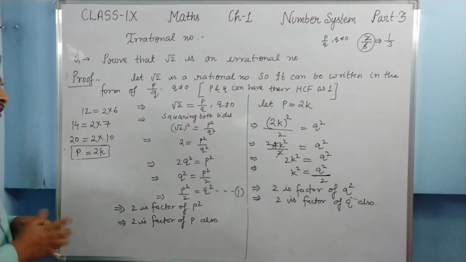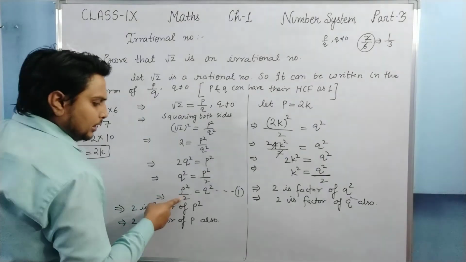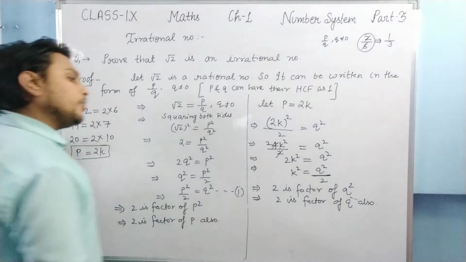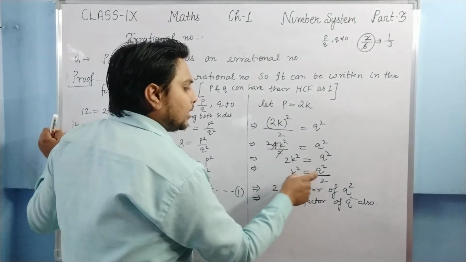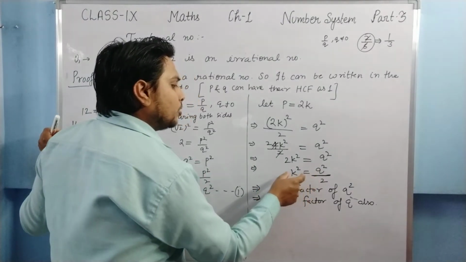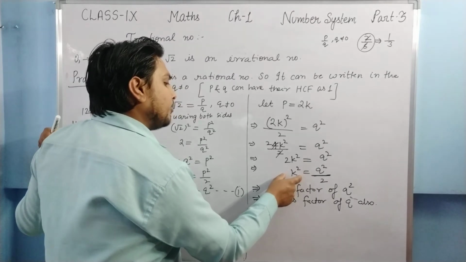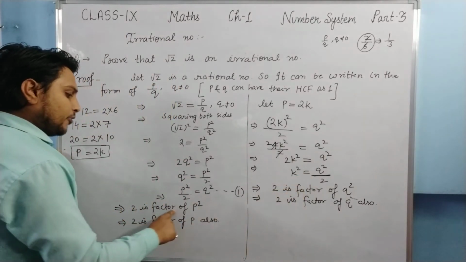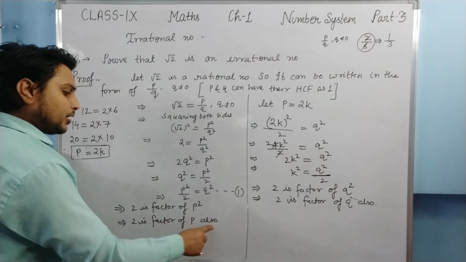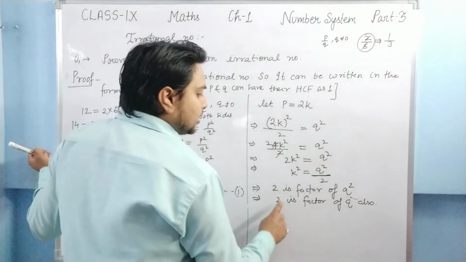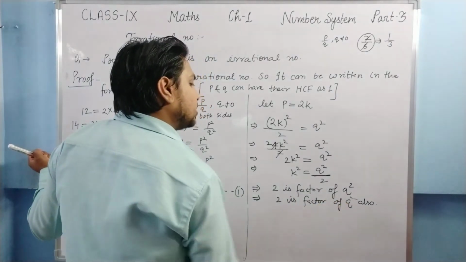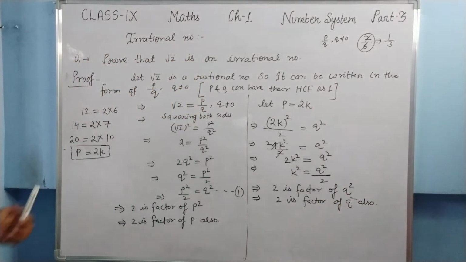As here we have seen that P square divided by 2 gave one integer, in the same manner, when Q square is divided by 2, one number, that is K, we have got. So 2 is the factor of P square, then 2 is the factor of P also. Here also 2 is the factor of Q square, and 2 is the factor of Q also, okay.